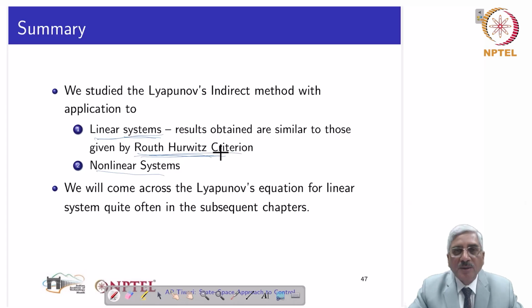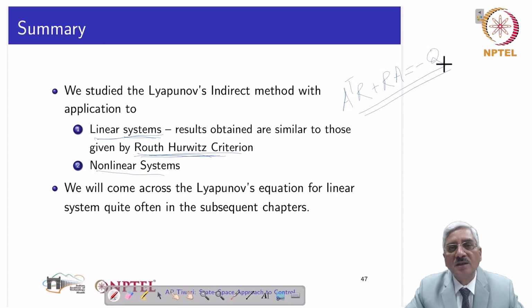If you remember everything, then we will probably be able to do stability analysis for linear as well as nonlinear system. But at least one thing we have to remember, that A transpose R plus RA equals minus Q. This we have to remember, the stability analysis of the linear system.